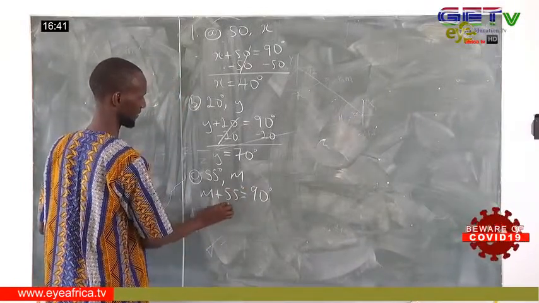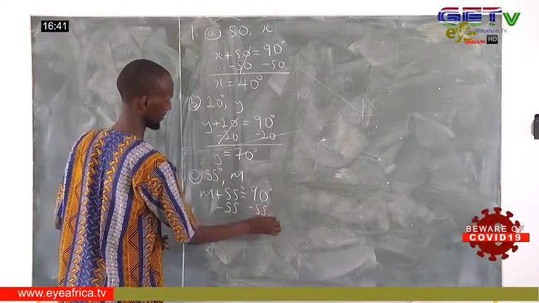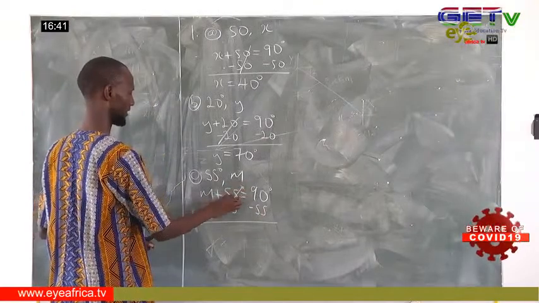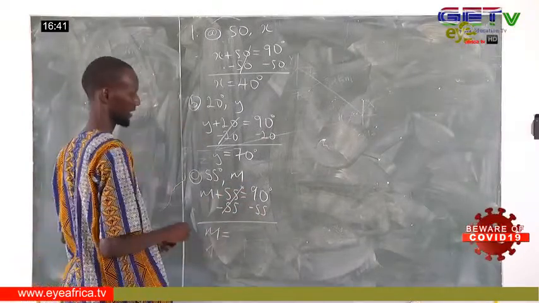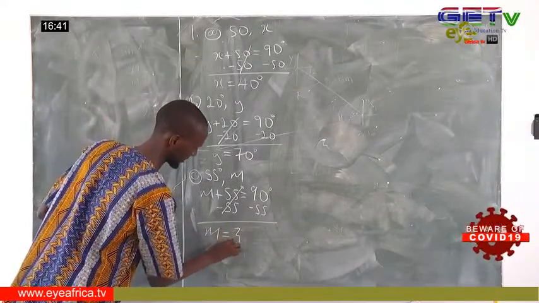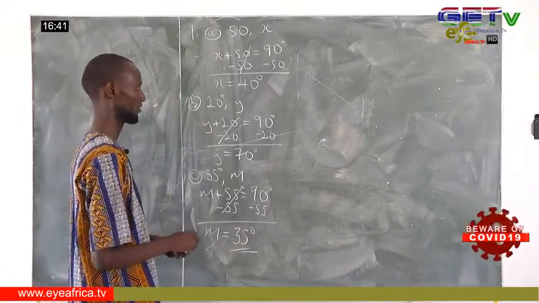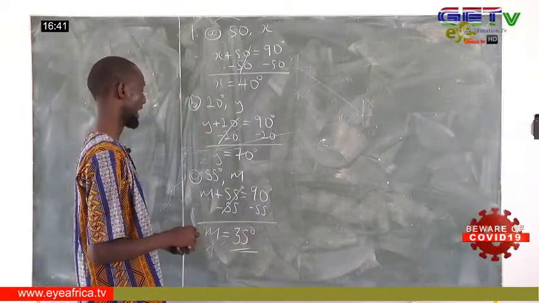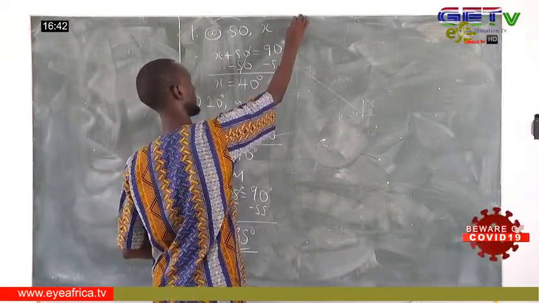Subtract 55 from both sides of the equation. The 55s will cancel each other out. Then you have m as 90 minus 55, which should give us 35 degrees. So therefore the complement of 55 is 35 degrees.